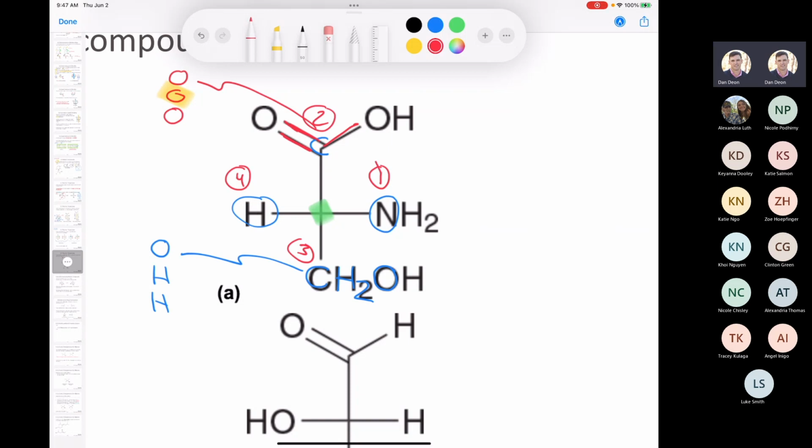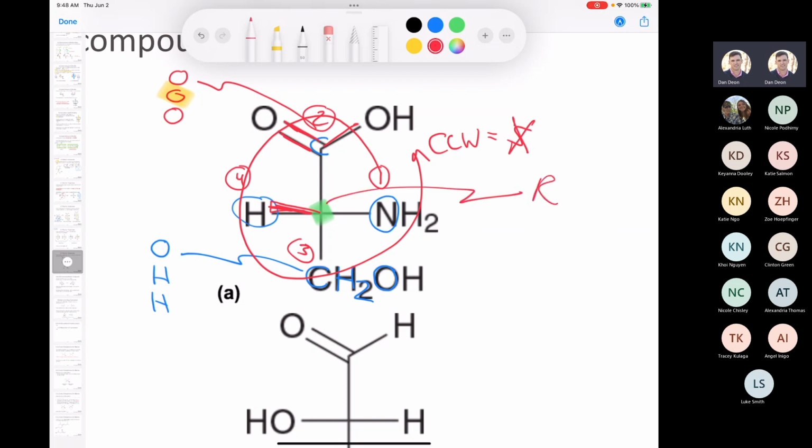Remember, you go from 1 to 2 to 3 around the chiral center. So we're going counterclockwise. And counterclockwise is normally S, but remember this hydrogen is horizontal, therefore it's coming out towards you. And so we reverse this, and the stereochemistry is R.